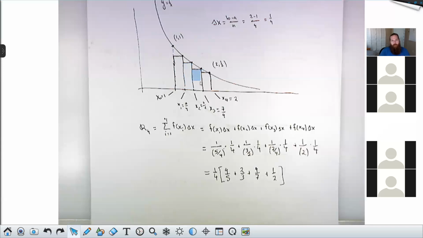The 4/7 is this height, and the 1/2 is this height. You can even see it right here. And then delta x is the width. The width of each of these is 1/4. So that's why each one is being multiplied by 1/4. So it's a Riemann sum problem. And then from here, like I said, you would have a common denominator, and that would do it.